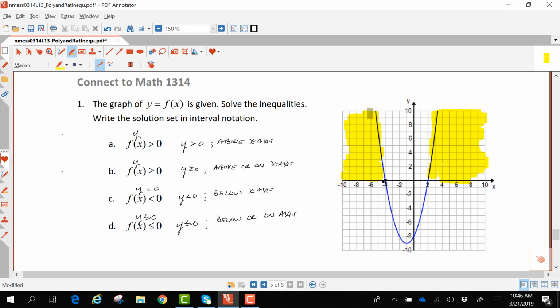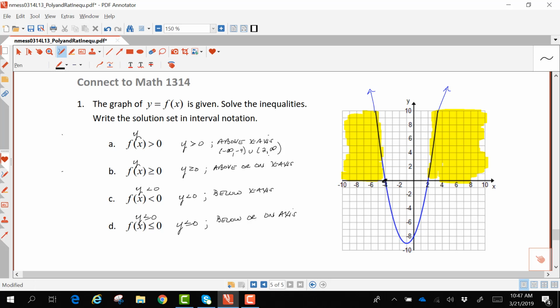It would be to the right of 2 and to the left of -4, taking note that this graph does continue on each side. So, in interval notation, the y value is greater than 0 to the left of -4, or negative infinity to -4, and to the right of 2, which would be written as 2 to infinity.